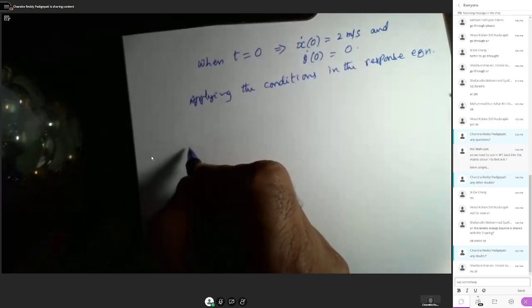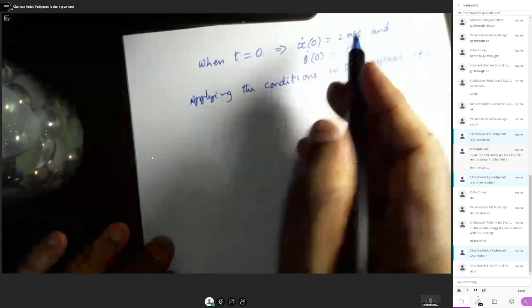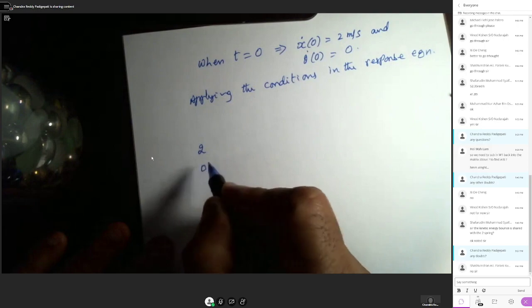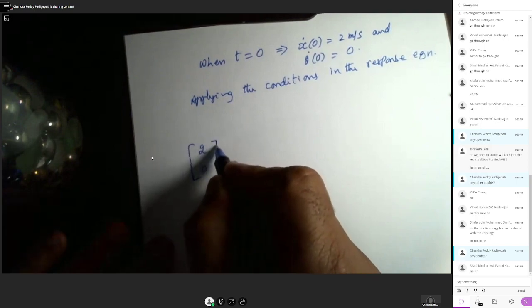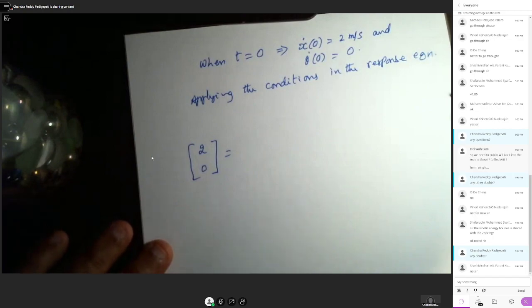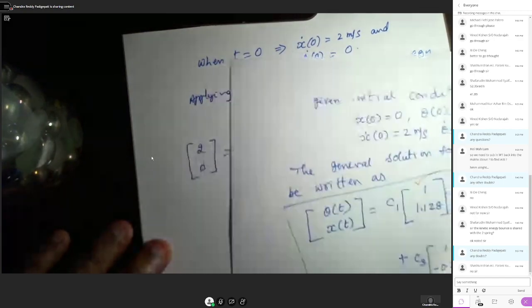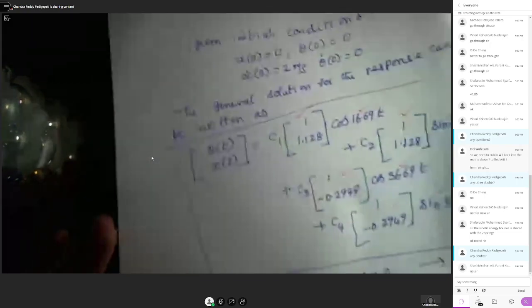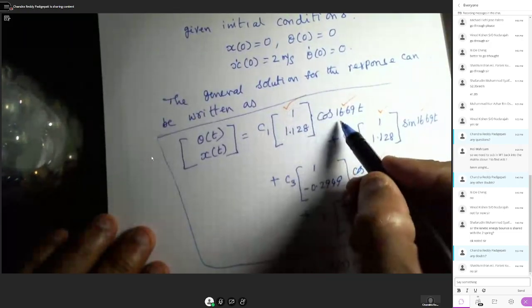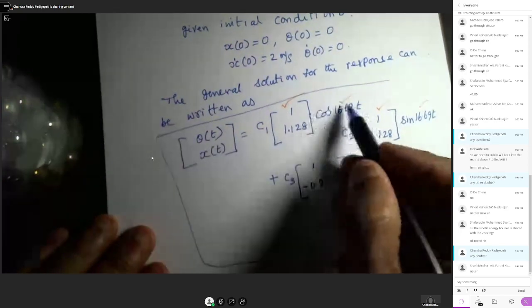The response equation is theta, x dot is 2 meters per second, theta is 0. So you can write 2, 0. I'm referring to this expression. So I write exactly the same thing, but we need to differentiate this.